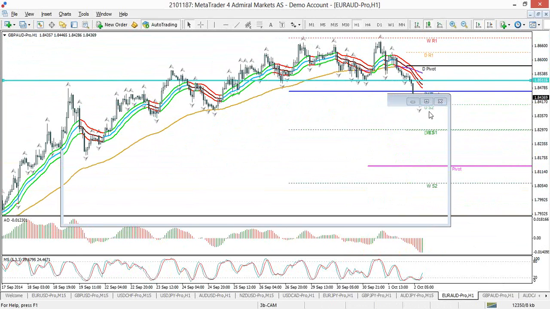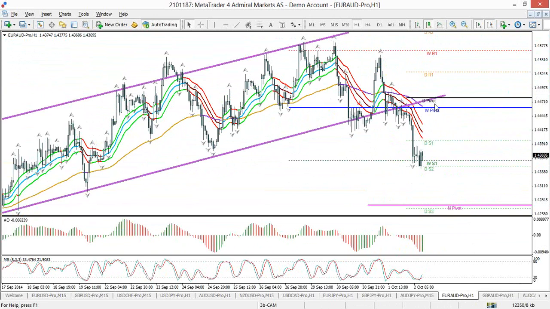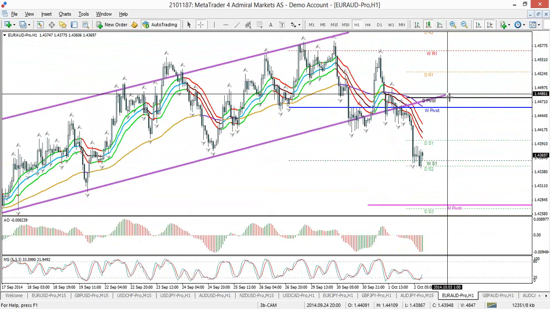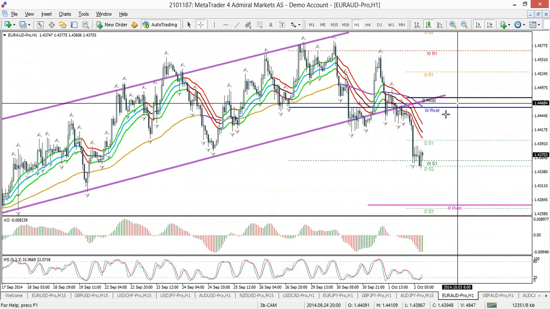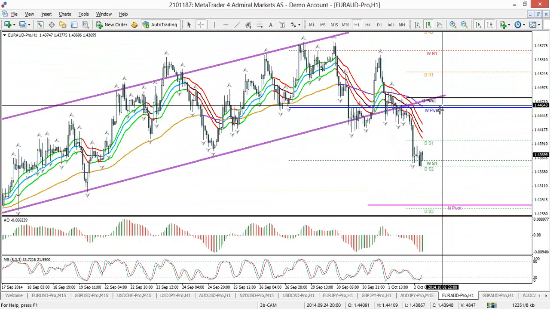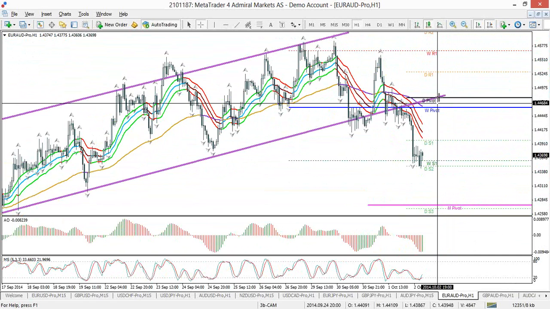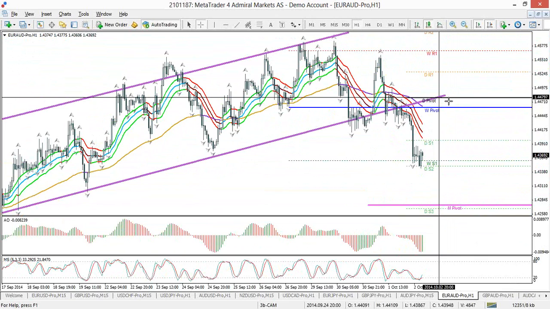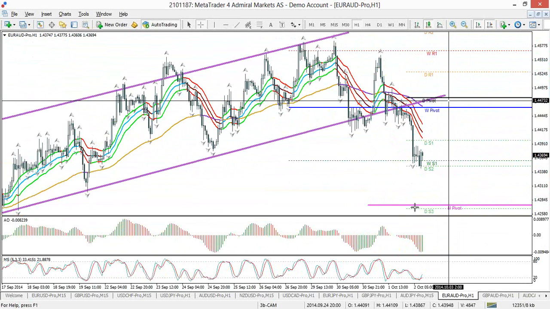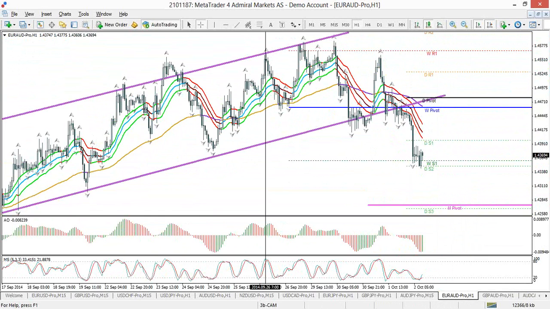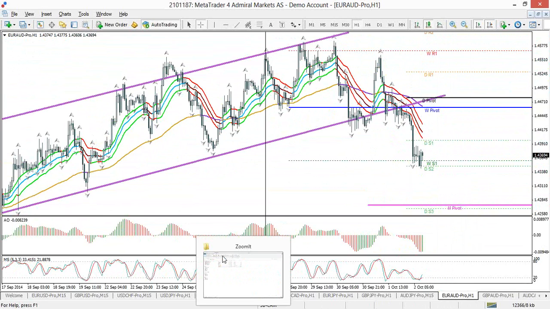Nothing really there, nothing really here either, unless we really get higher. That would be a very interesting level, though, if it does get up as far as here, which it could do tomorrow, maybe, or even today with the euro interest rate. So if it gets up that high, that could be a level of resistance to be aware of on the euro odd. So this kind of thing is what you should be thinking of with pivot points, basically.